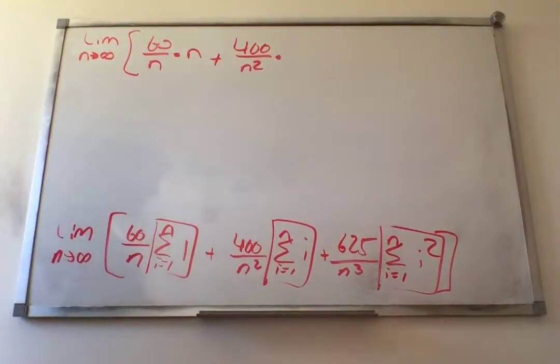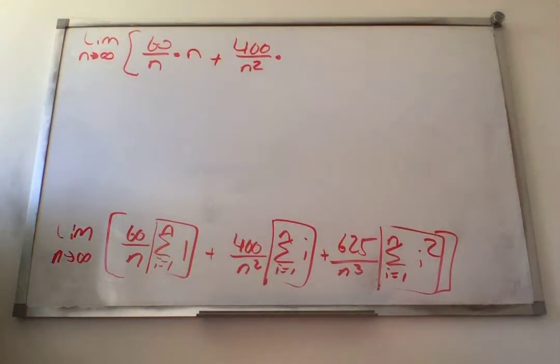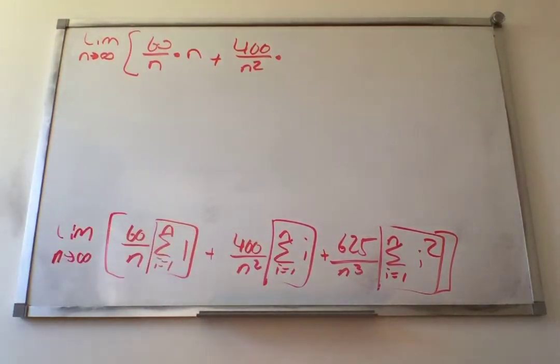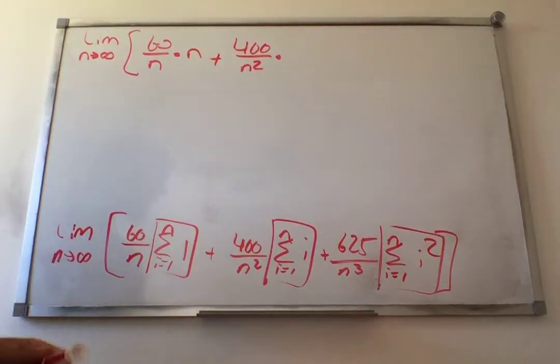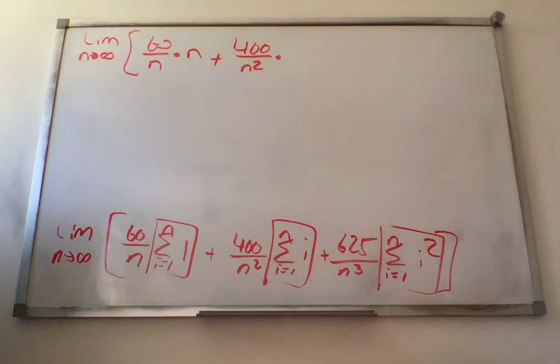Okay? So, there's a formula for this, and I would refer to page 381. They give you the formula for these. Now, this is how you had to calculate these limits. You had to have formulas for these things.